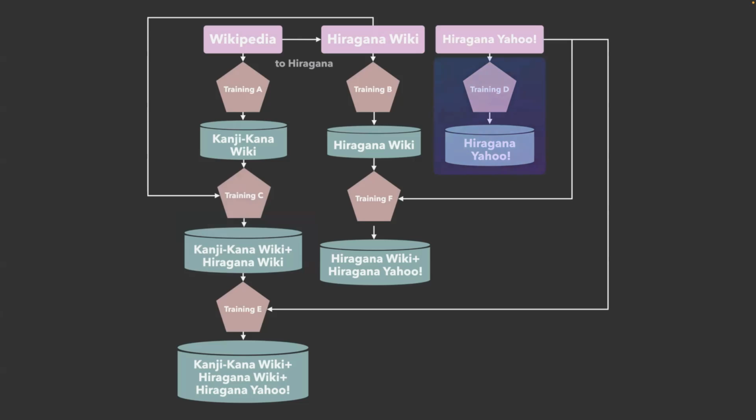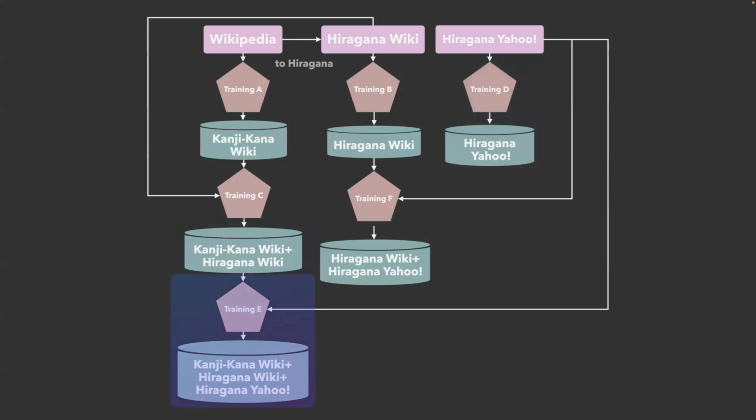First, let's discuss training D. The training data for this training is the Hiragana Yahoo Answers data that exists in BCCWJ. We will name this model the Hiragana Yahoo model.